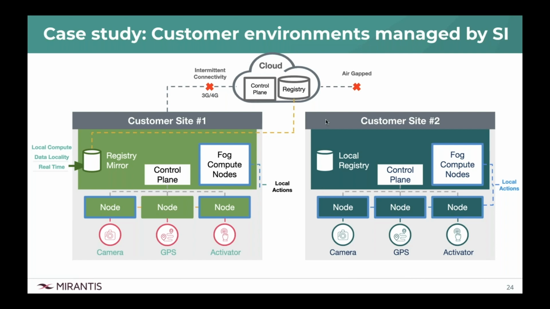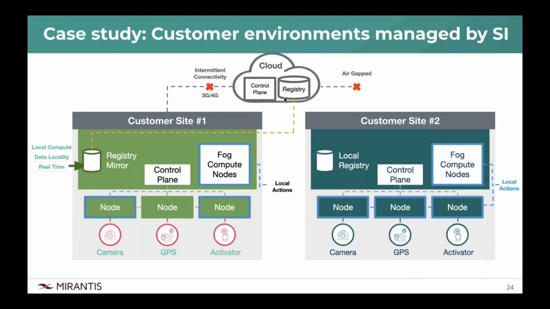So here's the picture here of a cloud environment together with customer sites that are not necessarily always connected to the cloud. In fact, this one here is air-gapped, 100%. Now, the beauty of these tools in a cloud native development world is what you run and use in the cloud environment should look the same as what you use and run on your site.